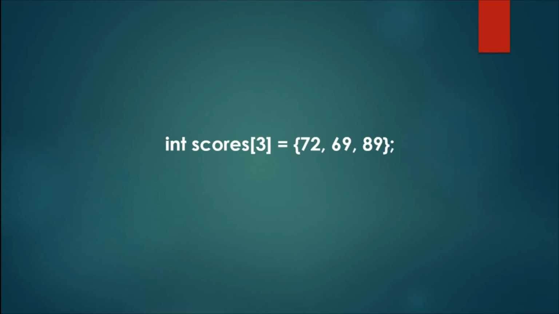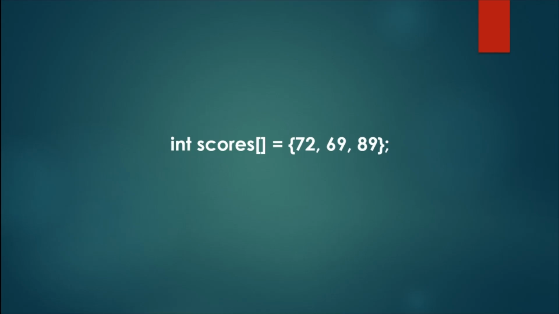And it turns out that when you define an array like this, a static array, you can leave out the value right here, because the compiler is able to figure out the size based on these 3 values. So this is just shorthand for the exact same thing. We're defining an array called scores, and then assigning the values 72, 69, and 89 to each location in this array respectively.